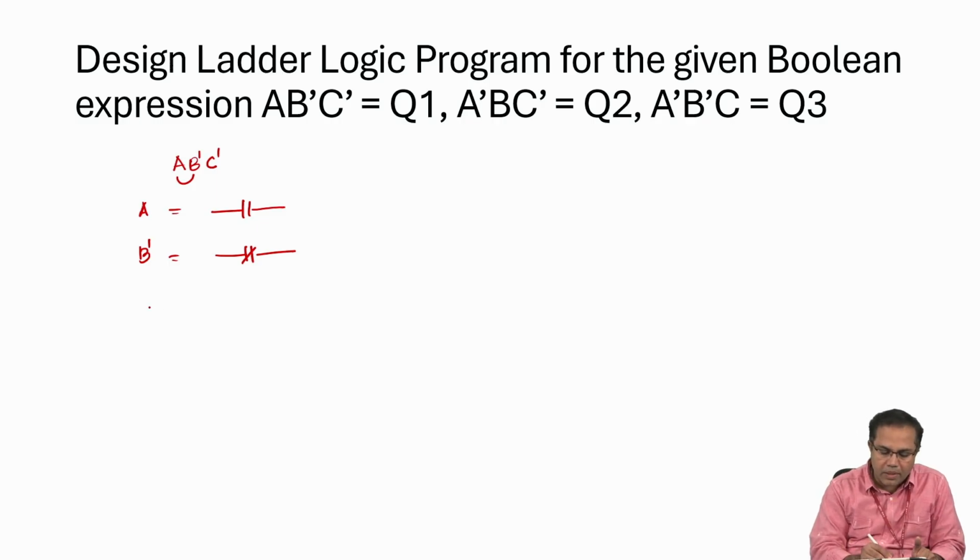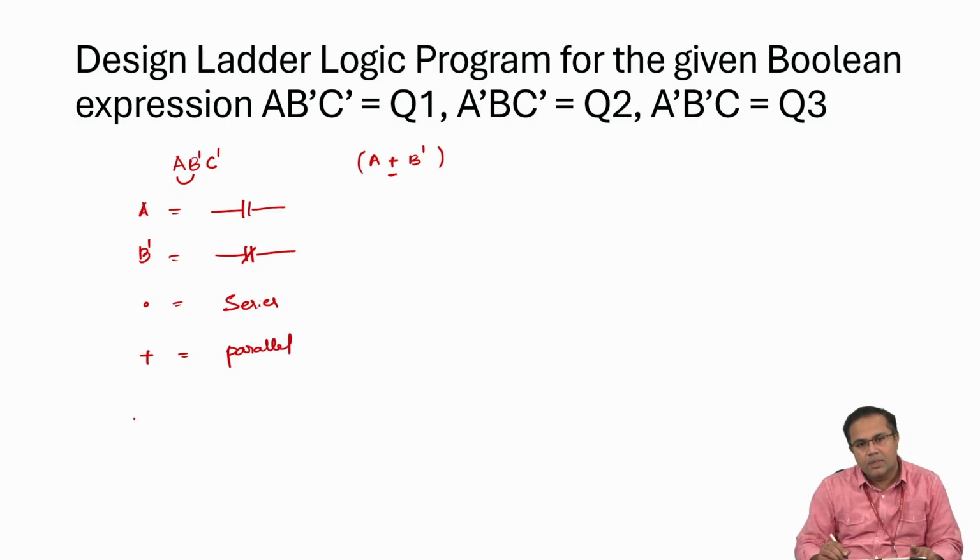Whenever there is a dot operation, put these two instructions in series. Suppose there is A plus B bar, where the operation between the two literals is a plus. Whenever you see a plus operation, put them in parallel. That's it. If you remember these four things, you can convert any Boolean expression into ladder logic.